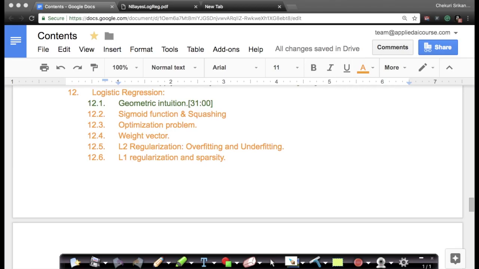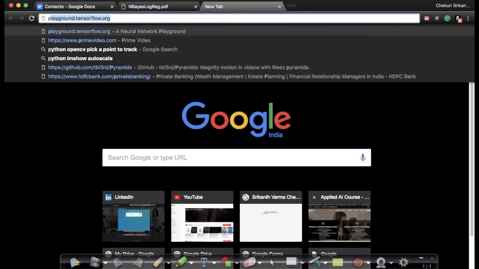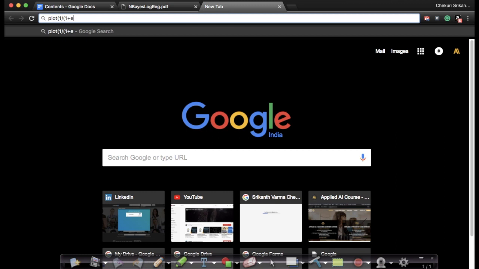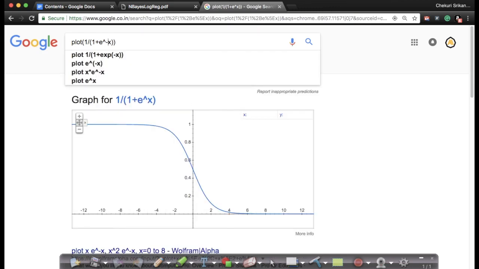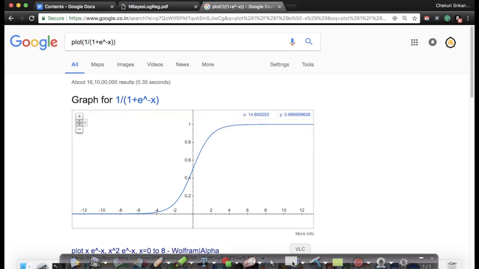Why don't we just use Google for this? Actually, I really like to plot things with Google. Plot 1 by 1 plus e power minus x. Google has some very nice plotting tools. Did I write plus x or minus x in the diagram there?